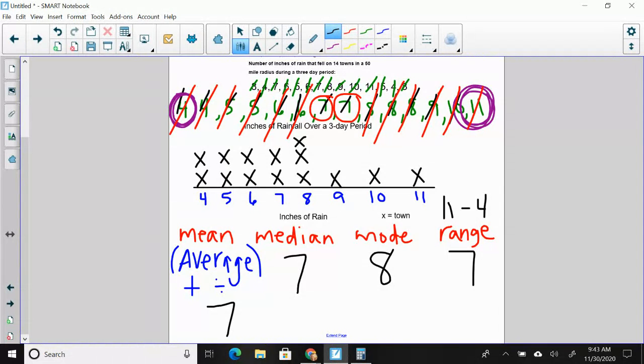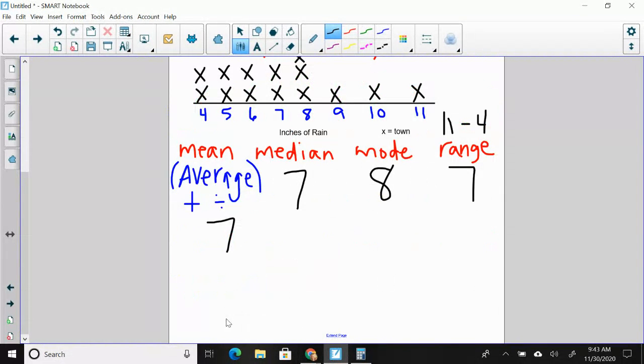Sometimes the average is known as fair share. What fair share means is, if you think about what we just did, we added all of those rain totals together and divided by 14, and that gave a fair share to each one of those numbers. The example I use all the time is Halloween candy.